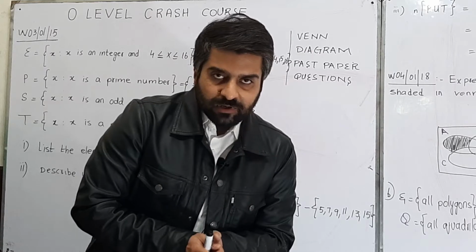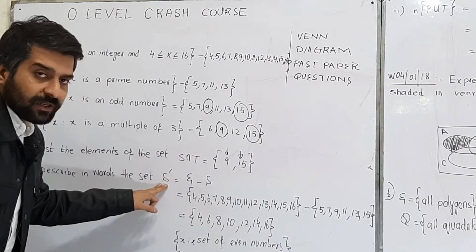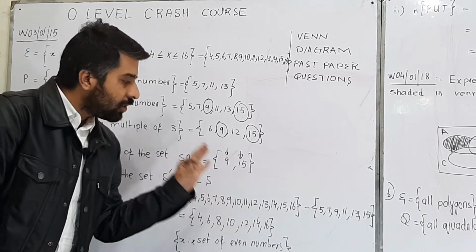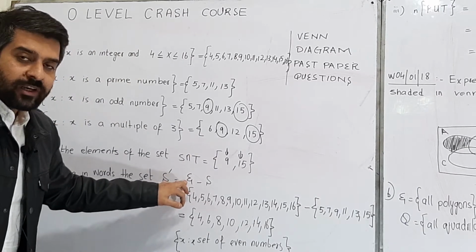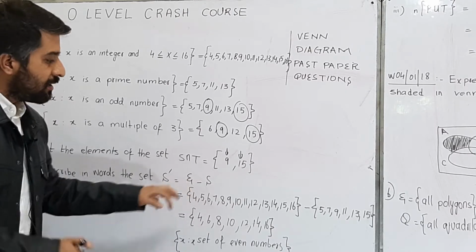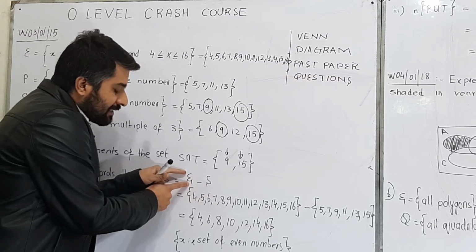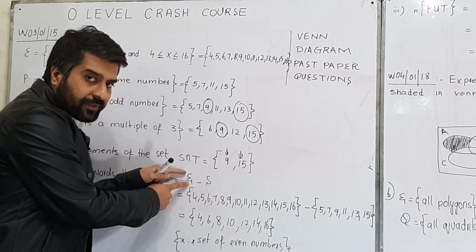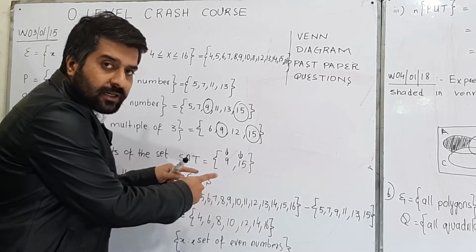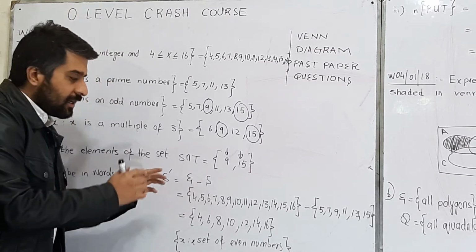The concept of complement is that if I am asking for S complement, that means those elements of E which don't belong to S. For example, S complement is universal set, represented by this symbol, minus elements of S, the set whose complement is being taken in this case.